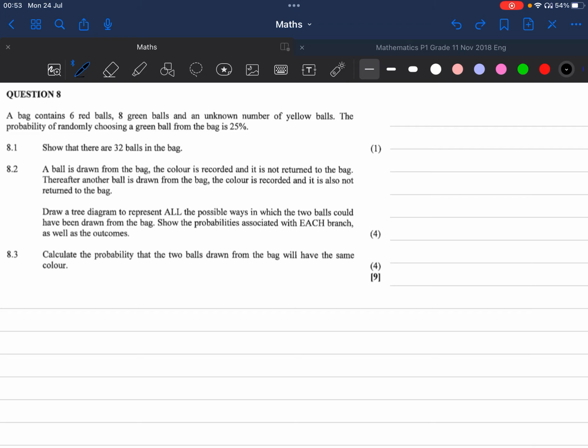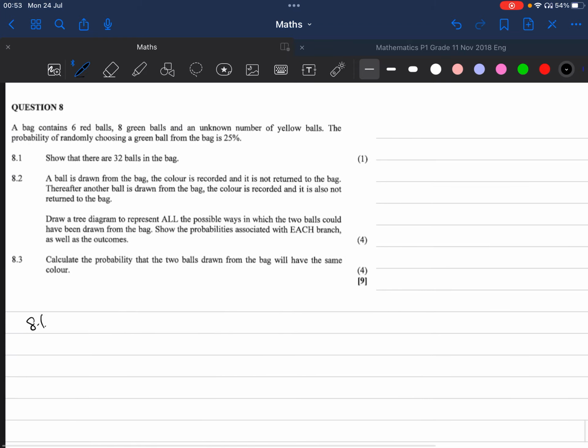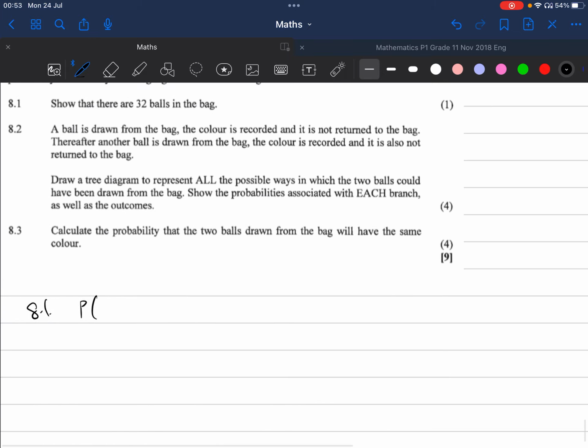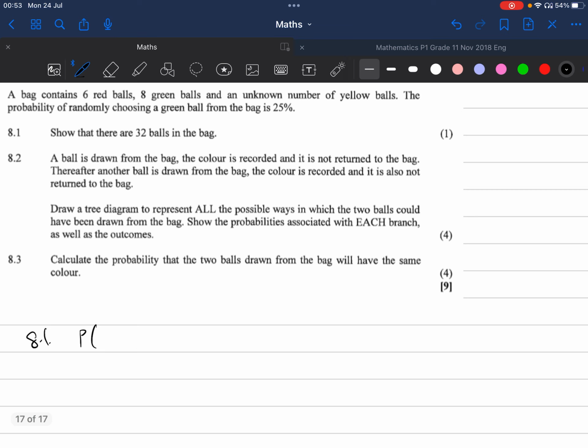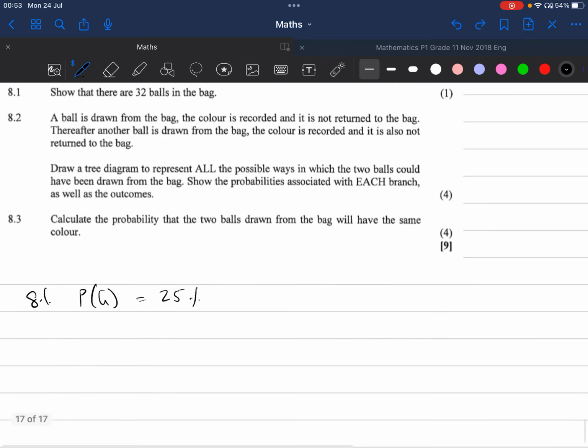Okay? So how are we going to do that then? Well, the probability of choosing, what was it? Green. So probability of green is 25%. Okay, and what is the probability of green? Well, it's 8 over the total number.